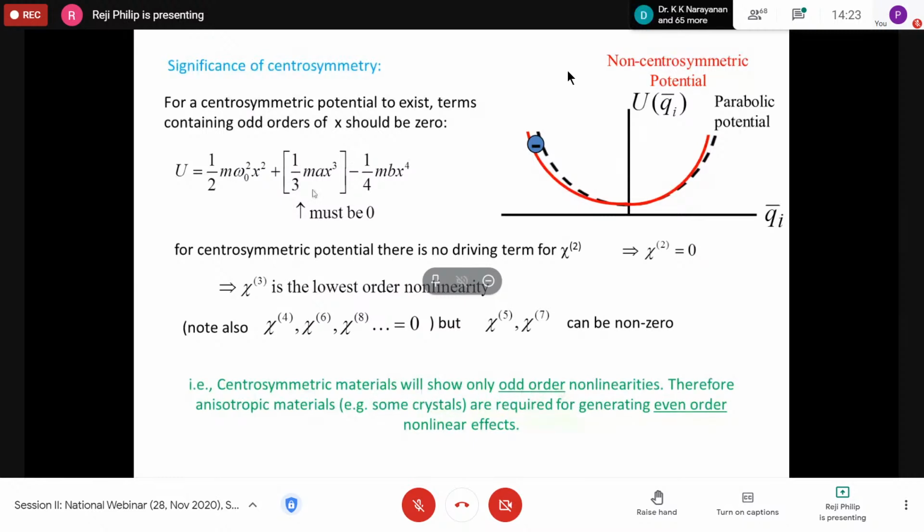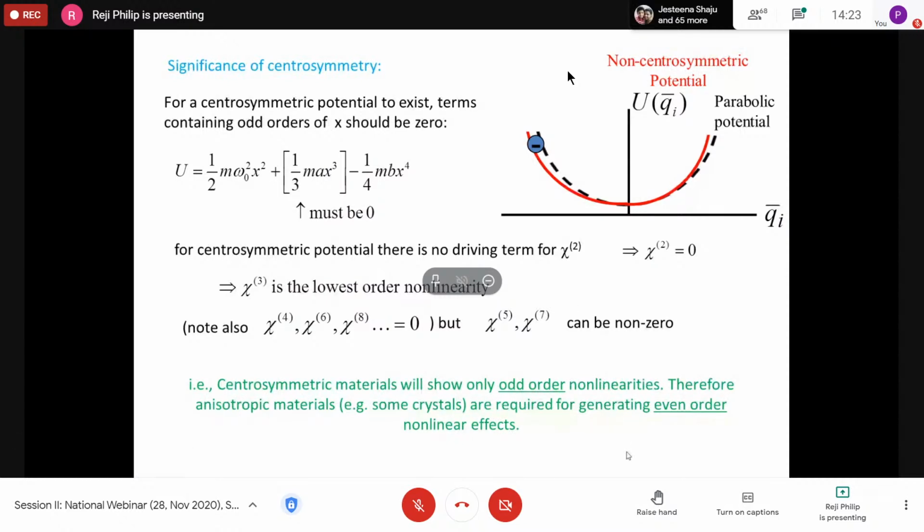There is no second order term. There is no chi2 for them. Chi1 is there, chi3 is there, chi5 will be there, but they won't have chi2, chi4 and so on. For chi2 and chi4 to exist, you should not have centrosymmetry in your material.